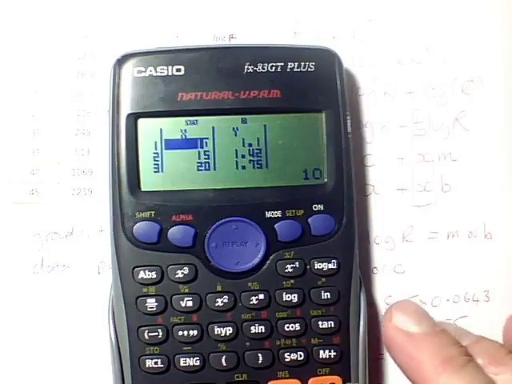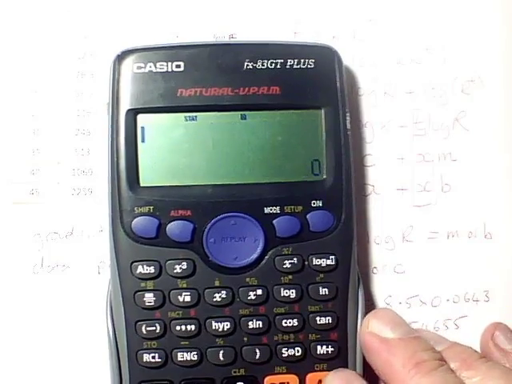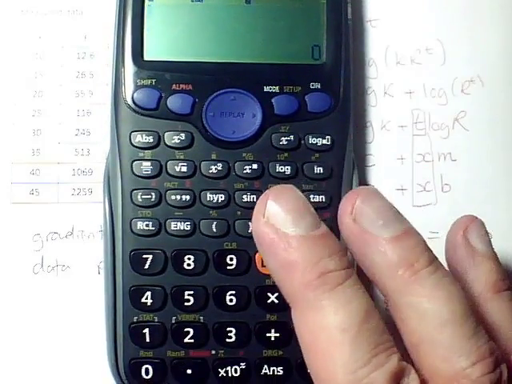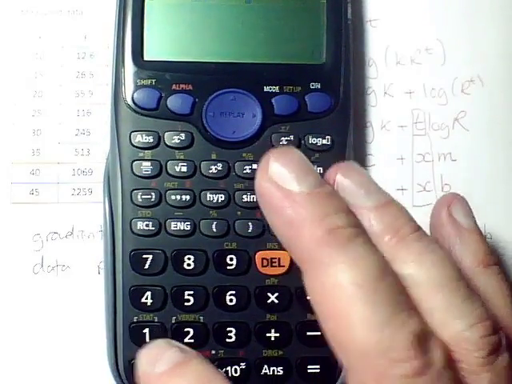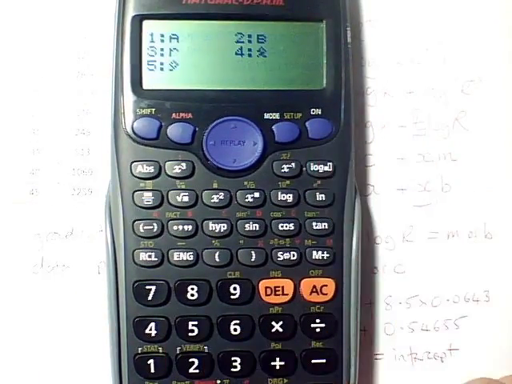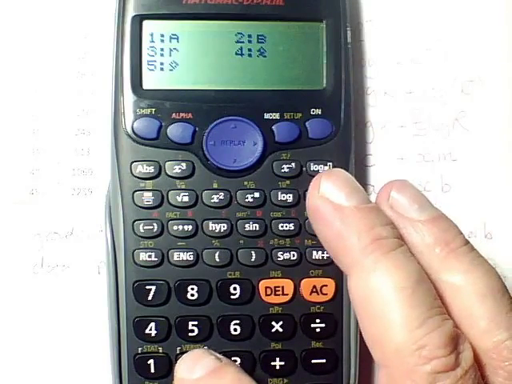In order to get the values of a and b, I press AC to get away from the table. I use the shift button, and the 1 button because it's got stats in yellow above it, and I ask to do regression calculations. So 5, and the value of b, that's the one we worked out first, the gradient.